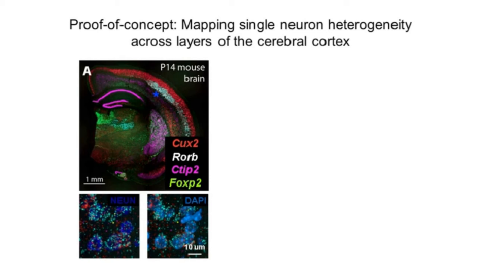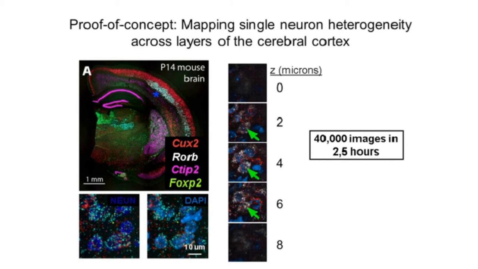This entire section was imaged at the resolution shown in the bottom panel with an automated 40X objective as a 1-micron step-size Z-stack. As you can see on the right, as we travel through this Z-stack, single cells, indicated by the yellow arrow, appear and disappear.